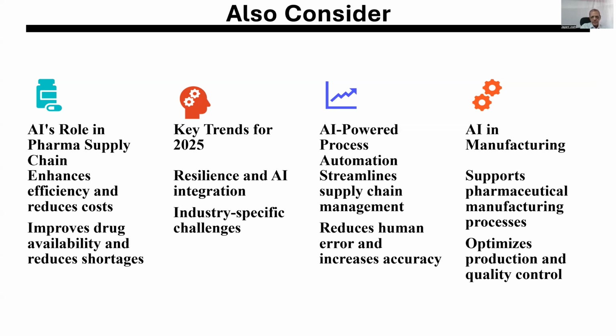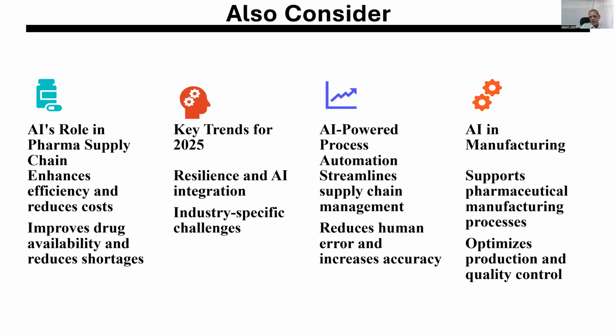The key trends in 2025, what I am expecting, is that resilience and artificial intelligence will get integrated. And then the industry specific challenges which are there will get supported. And artificial intelligence powered process automation will streamline the supply chain management, which reduces human error and increases accuracy.